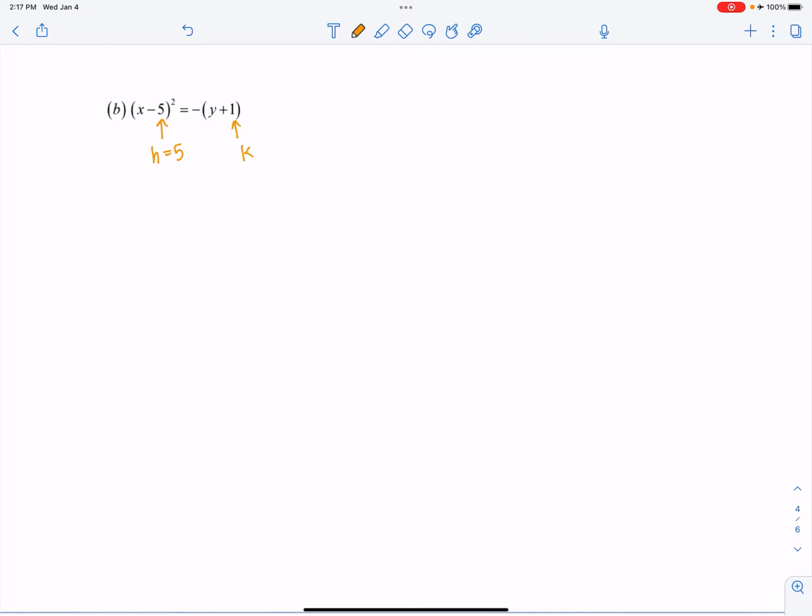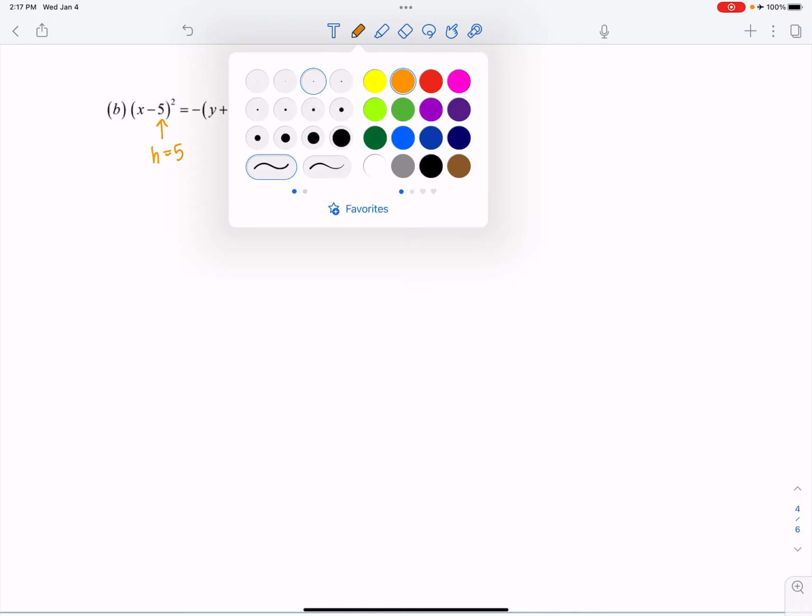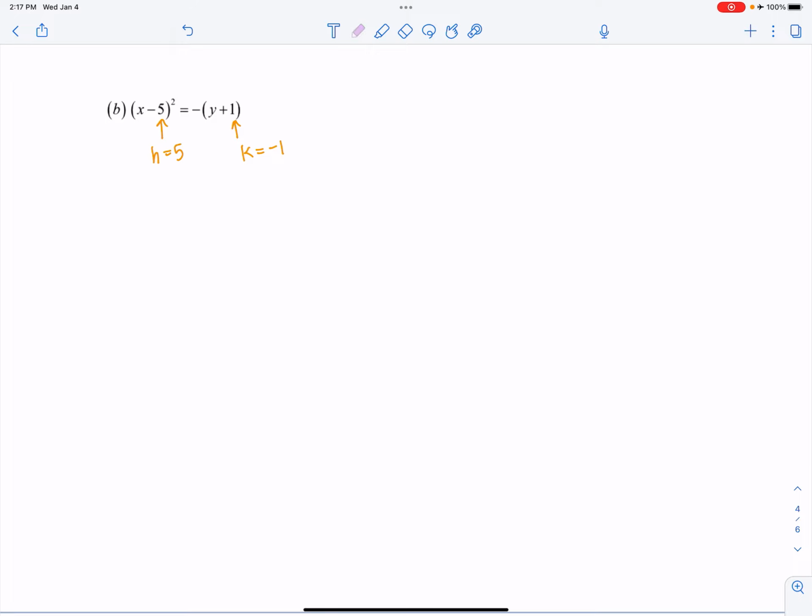And since it's y plus 1 and the formula is y minus k, that means k is -1 because the sign is flipped. This tells us our vertex, which is (h, k), is at (5, -1).